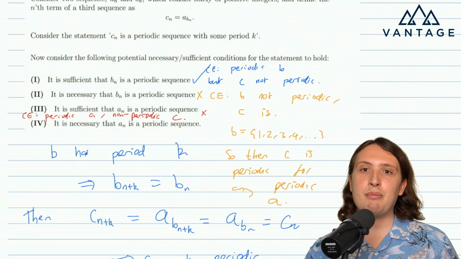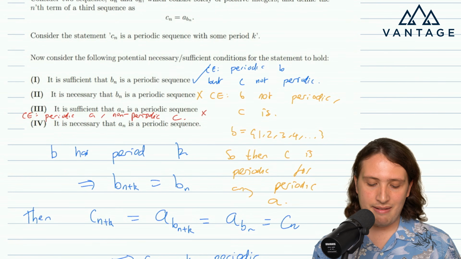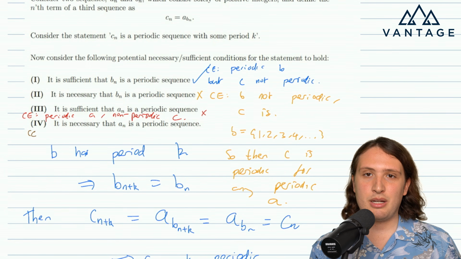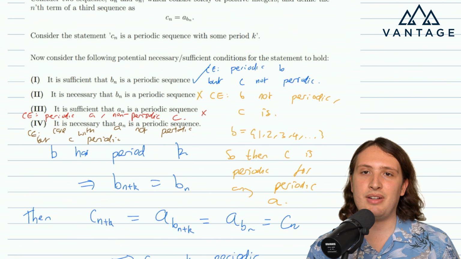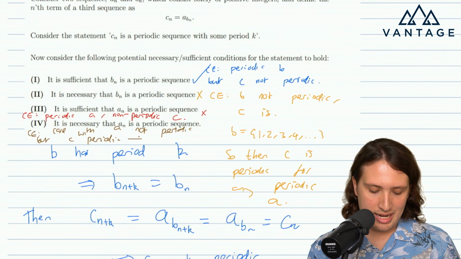And then finally, statement 4 says that it's necessary that A is periodic. A counterexample to this would be a case with A not being periodic, but C being periodic, because we're saying that you need A to be periodic to have any chance. But hang on a minute, we already have a counterexample to this.